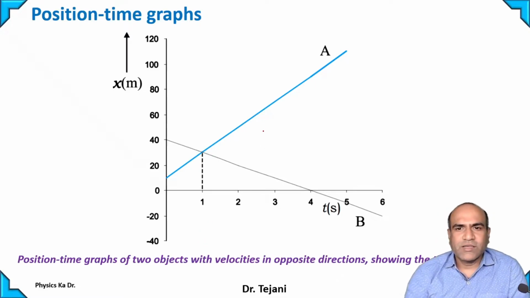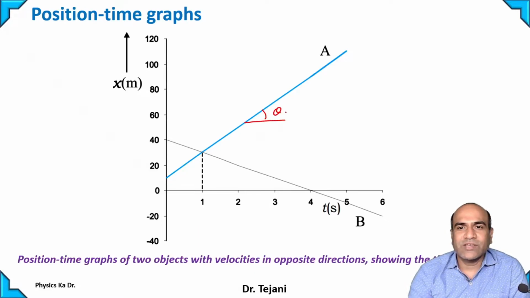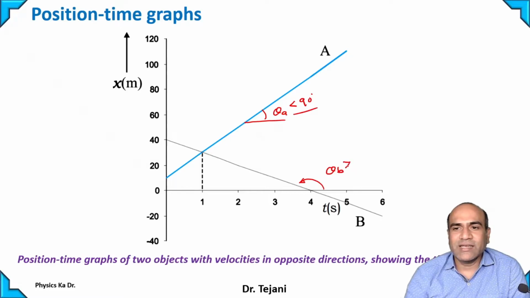Let's have one more. So A position is given. If we take this, this gives us theta A, and here this becomes theta B. See, theta A is less than 90 degrees, theta B is greater than 90 degrees.